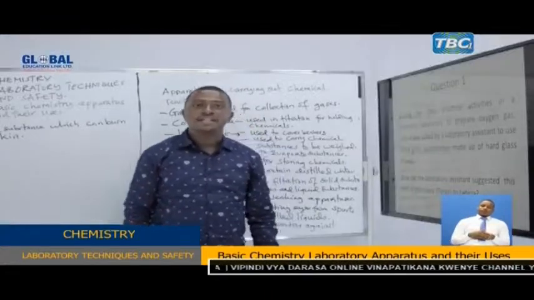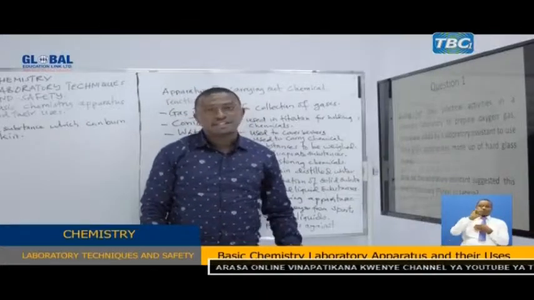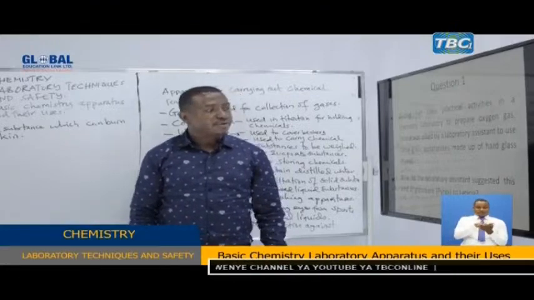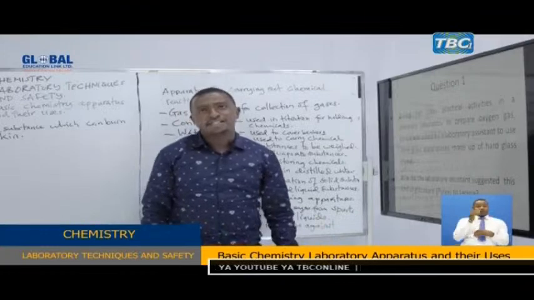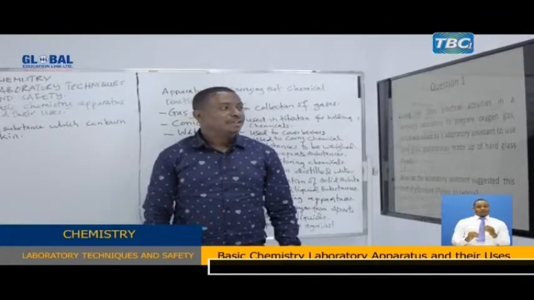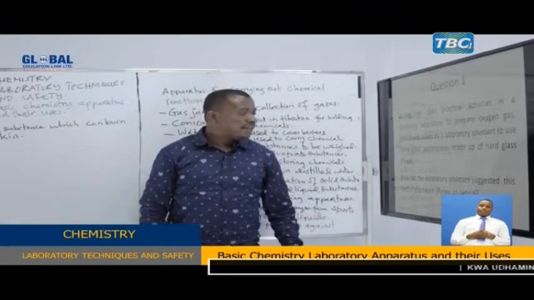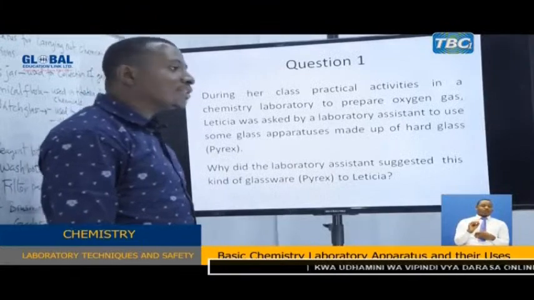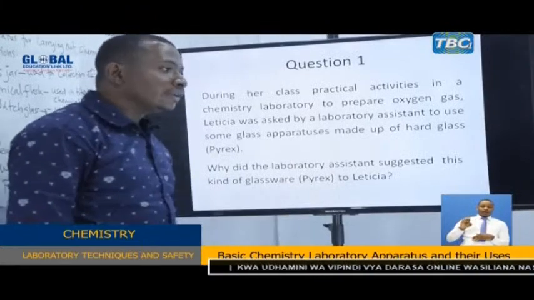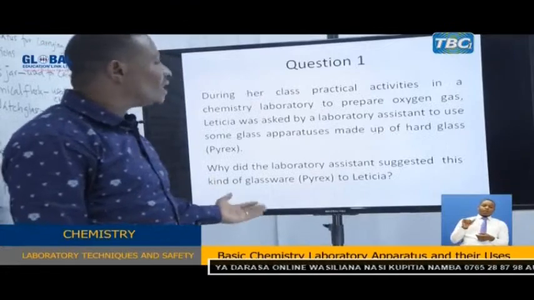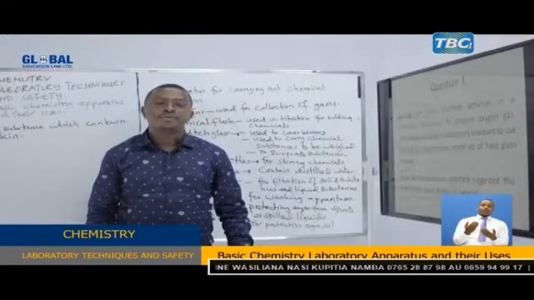That is a kind of question that can be asked from the concept of basic chemistry apparatuses and their uses. What do you think is the answer, class? It's very simple. We have discussed it. It is because Pyrex glassware can withstand high temperature.